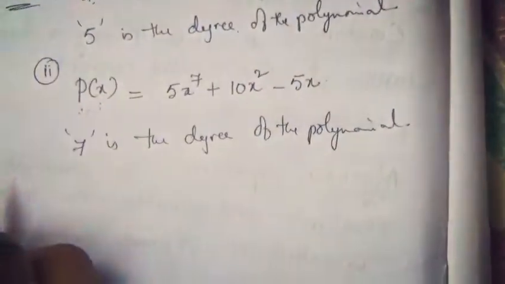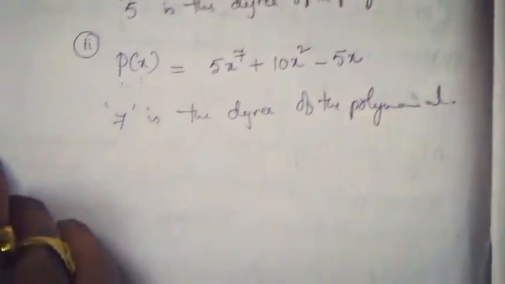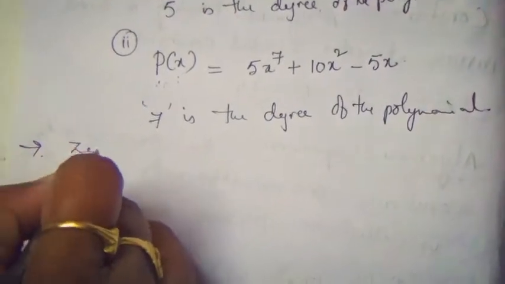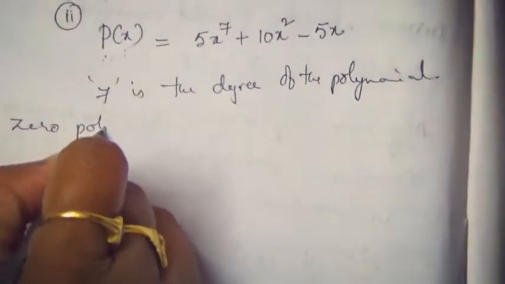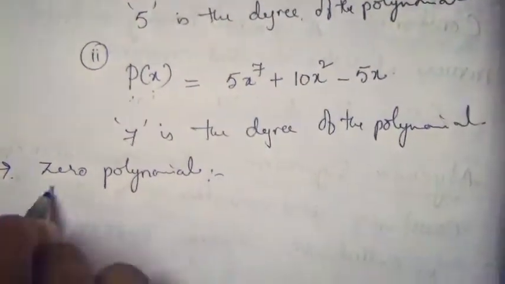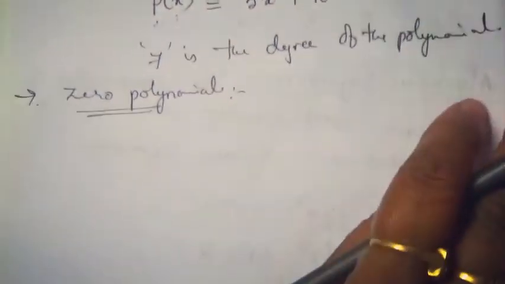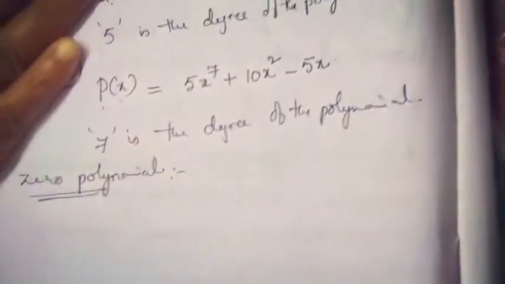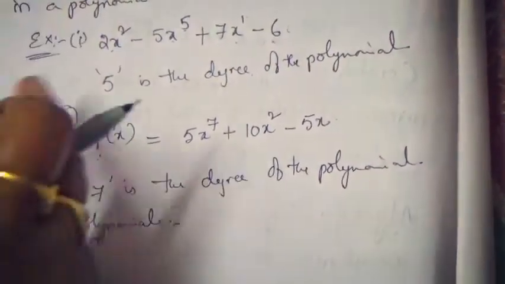Okay guys. So the next one is zero polynomial. What do you mean by this zero polynomial? So we are clear about this degree of the polynomial, right? In a given expression, what is the highest degree, the highest power? We call it the degree of the polynomial. What is a zero polynomial?